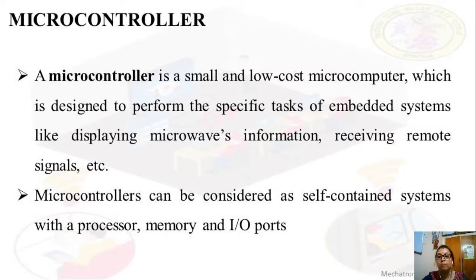This is the major difference between the processor and the controller. A microprocessor means only the CPU will be there. Other memory units and input-output units we have to connect externally, so it doesn't have any memory or input-output devices on chip. But in the microcontroller, the processor, memory and input-output ports are all on chip.